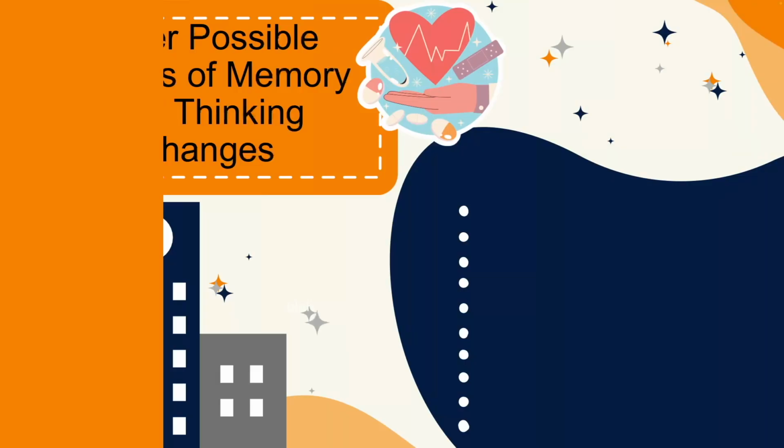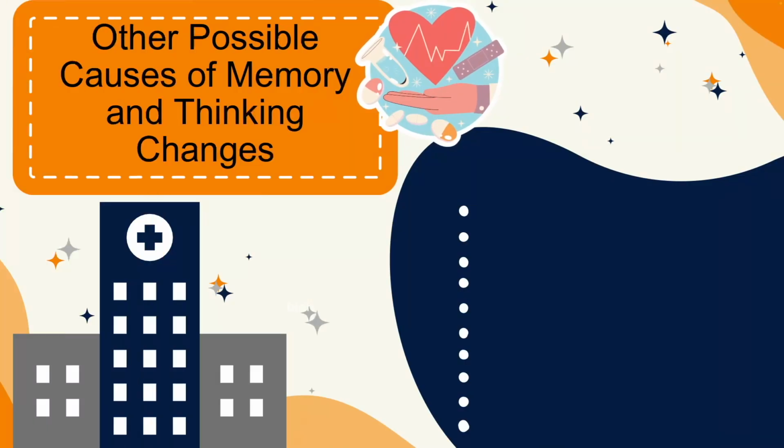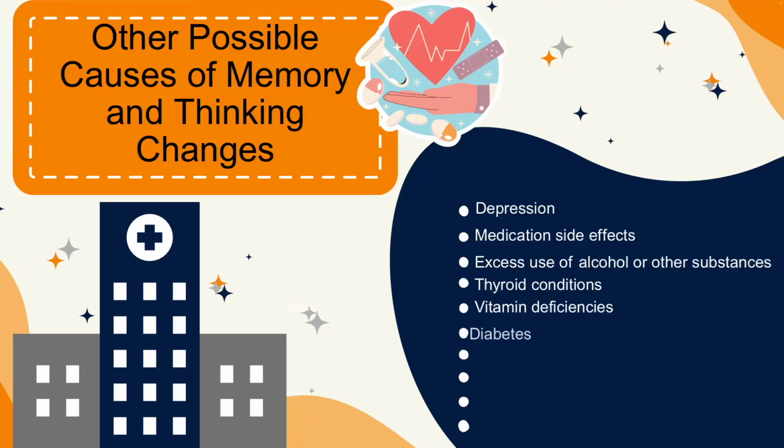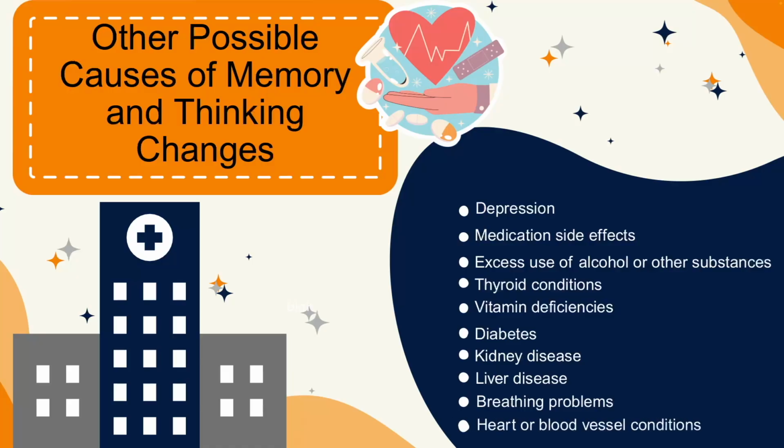These tests are used to rule out memory and thinking problems that may be caused by something else. For example, depression, medication side effects, excess use of alcohol or other substances, thyroid conditions, vitamin deficiencies, diabetes, kidney disease, liver disease, breathing problems, or heart or blood vessel conditions.